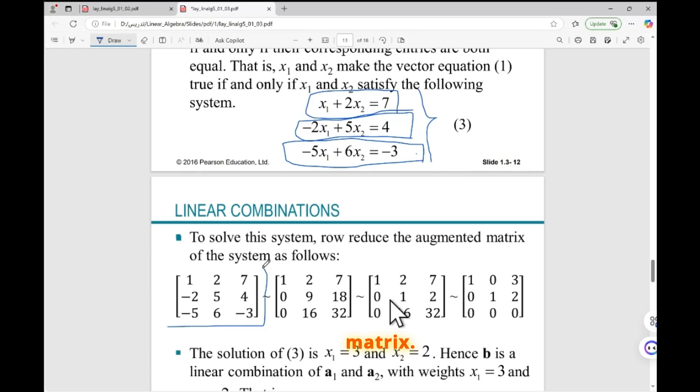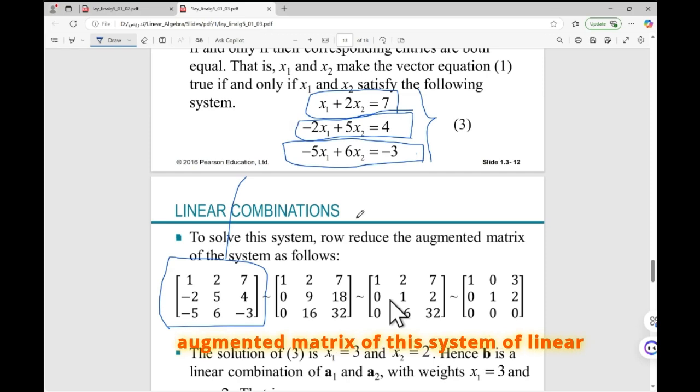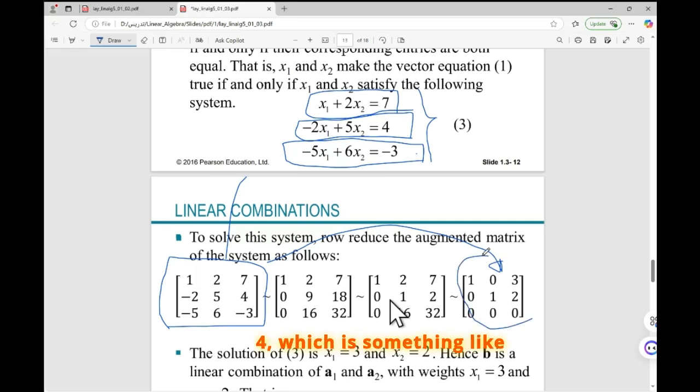You have this matrix. This matrix is the augmented matrix of this system of linear equations: 1, minus 2, minus 5, first column; 2, 5, 6, second column; and 7, 4, minus 3, the right side values. Then you convert this into reduced echelon form, which is something like this.